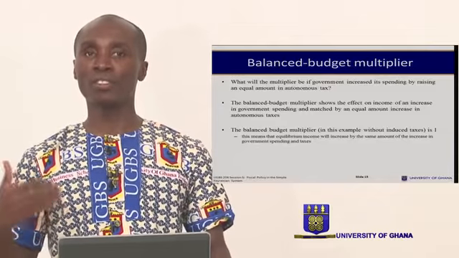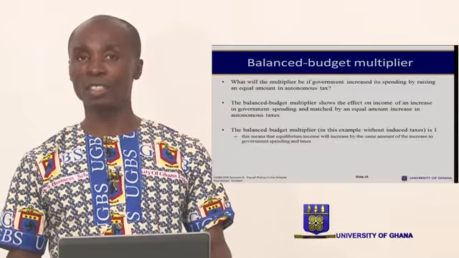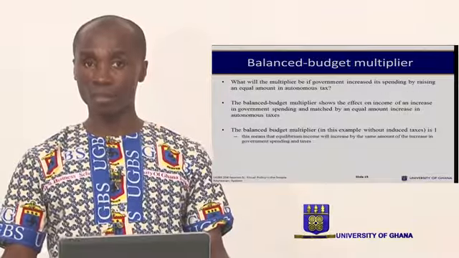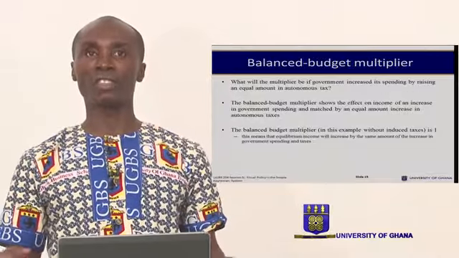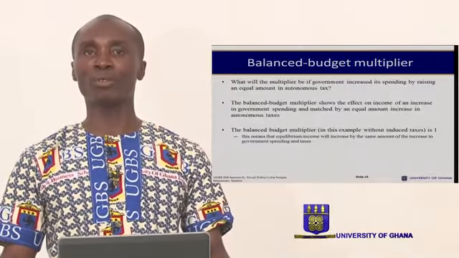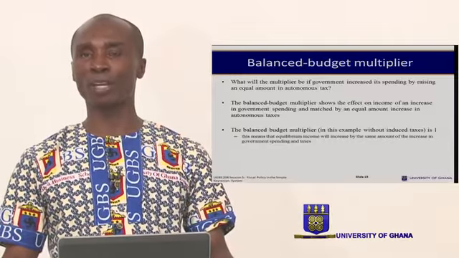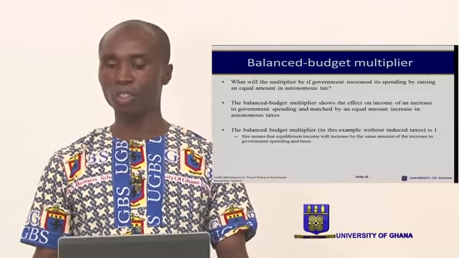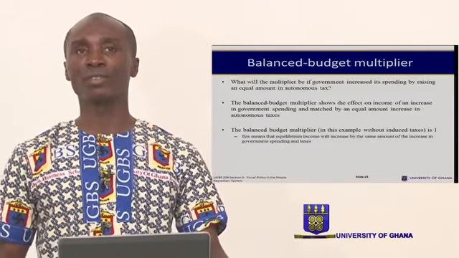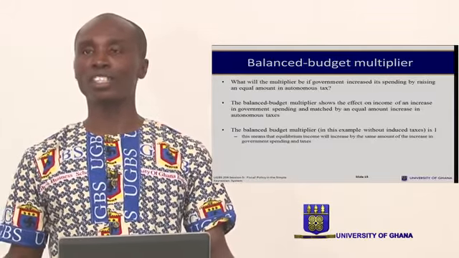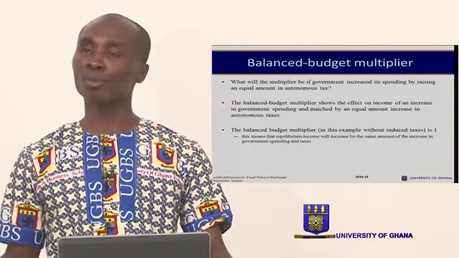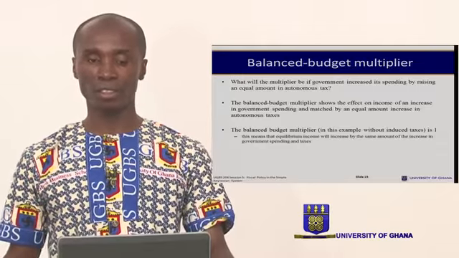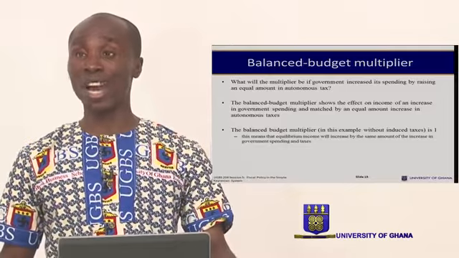If government increases spending by, say, 50, and it is financed by increasing taxes by 50, the effect of that on equilibrium income is what is captured by the balanced budget multiplier. Now, you expect that if taxes and spending change by the same amount, some people might think that it will have no effect on equilibrium income. Well, the balanced budget multiplier is 1.